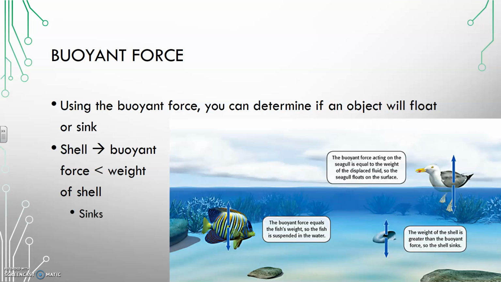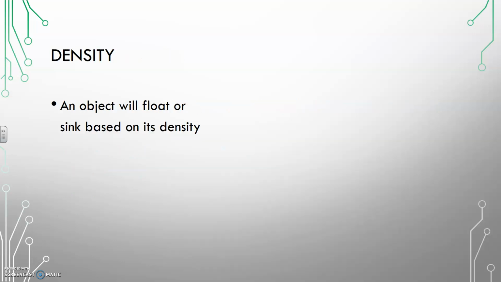Now with the fish, the fish is actually kind of different because its buoyant force equals the weight of the fish, so the fish is suspended in the water. It doesn't really float, it doesn't really sink, but it can swim through the water.